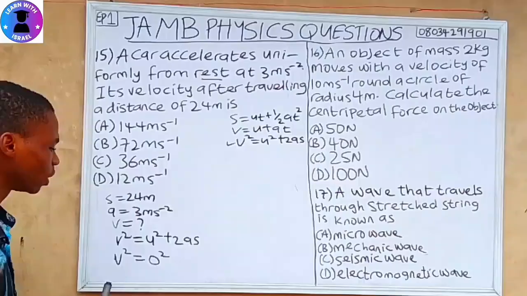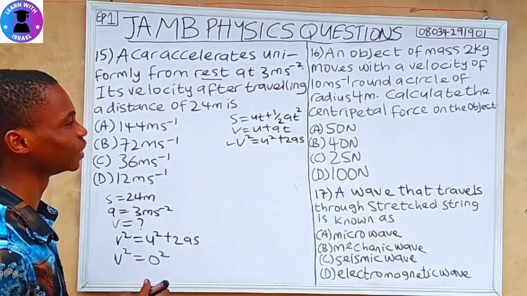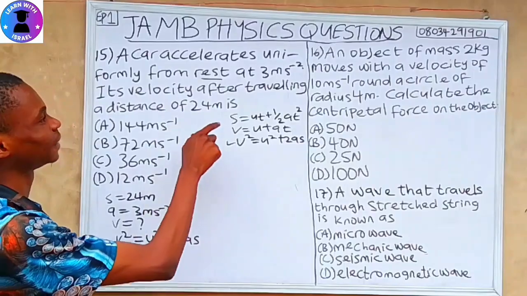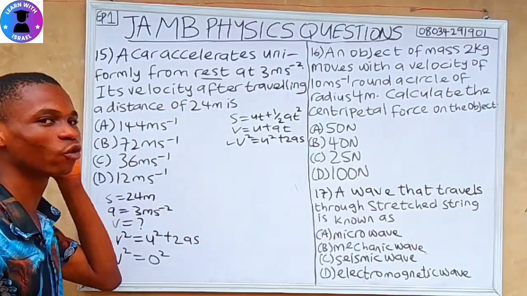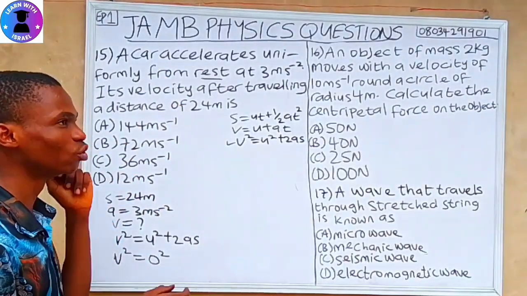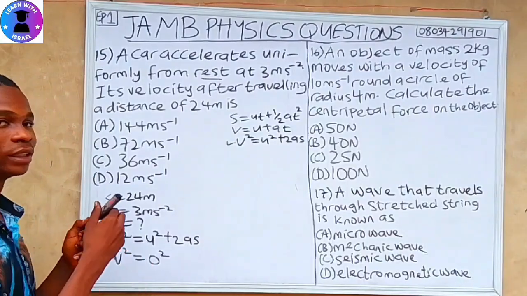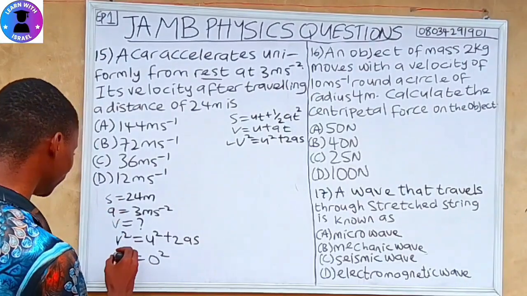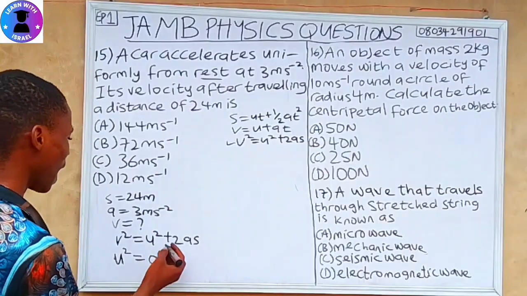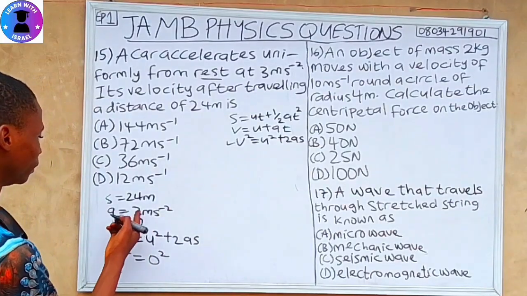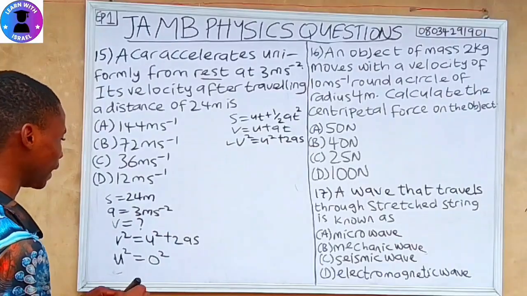If you are not given your initial velocity u, and the question states that something is starting from rest, you should know it is 0. So our u squared is 0, our a, which is acceleration, is 3, and our s is 24.